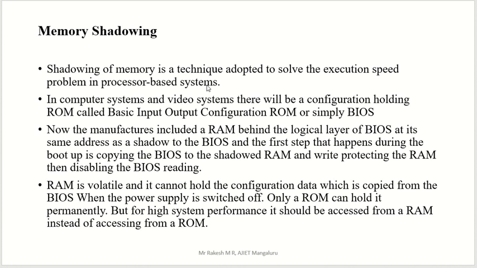Read only memory is permanent, random access memory is temporary. But the speed is high in RAM, while the accessing speed is less for ROM. In order to access anything from the ROM, it takes a lot of time. Accessing anything from RAM takes very little time compared to ROM.